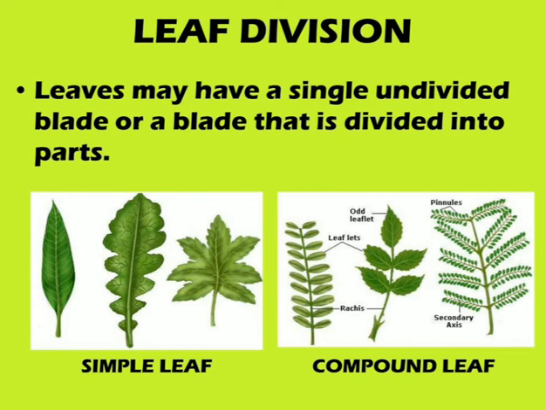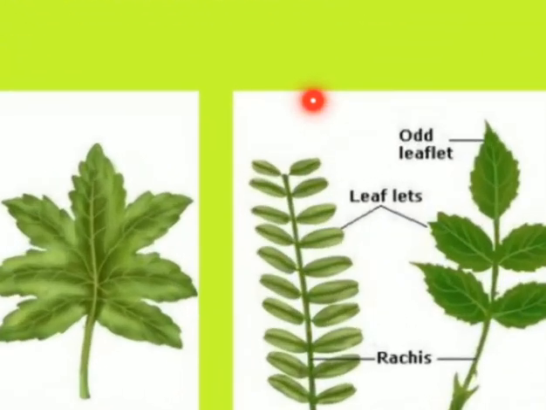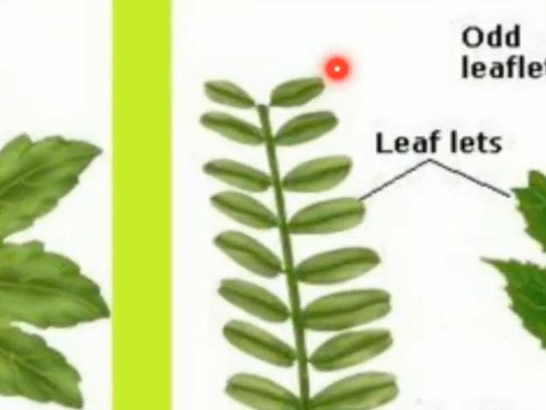complexity. The leaves may be of two types, that is, they could be pinnately compound. Pinnately compound means this is the midrib, and again each midrib, as you can see here, is divided into smaller leaflets.